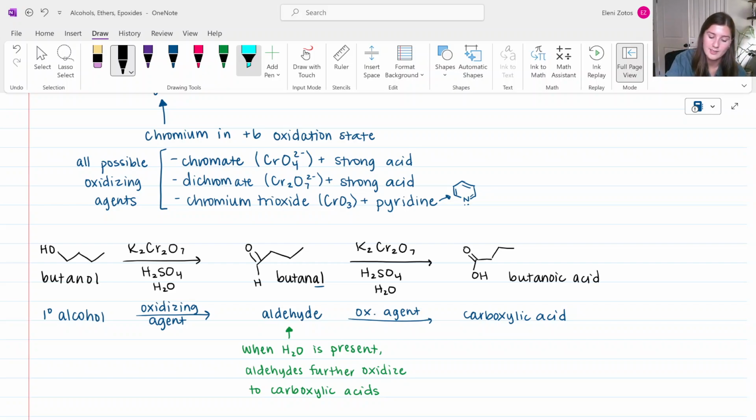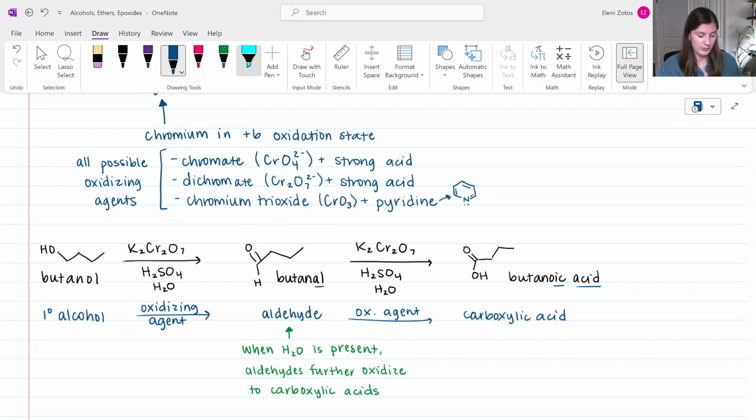So for a carboxylic acid, the suffix is oic acid. Okay, so if we start with a primary alcohol and we add the oxidizing agents that have the strong aqueous acid, we end with a carboxylic acid.